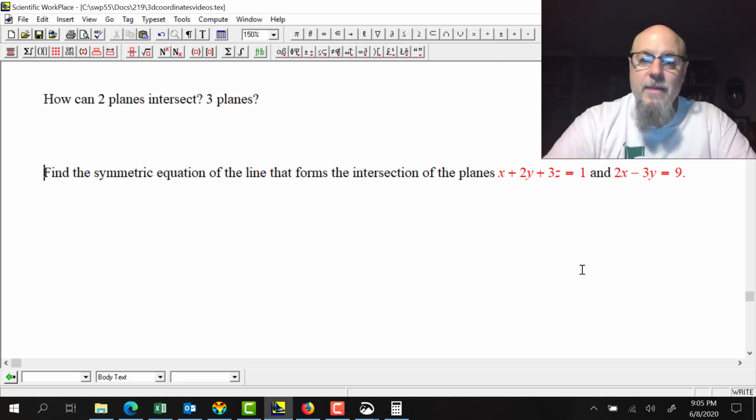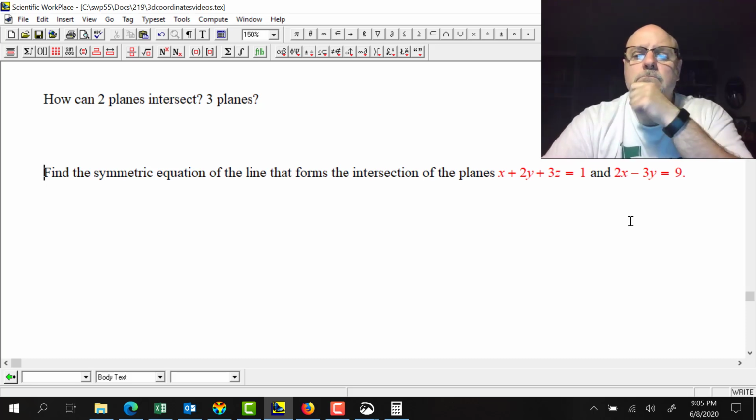So I need a point on that line, and I need the direction vector. Now since it's the intersection, the point has to be on both planes. So give me any point that's on both planes.